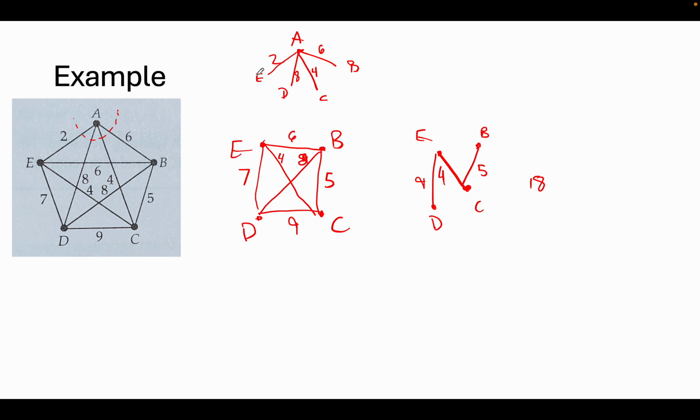And so now we look at the edges from A. And so we want to make a cycle here. And so since we've got this path, ED, CE, BC, this says the two smallest edges that A has, which is AE and AB.